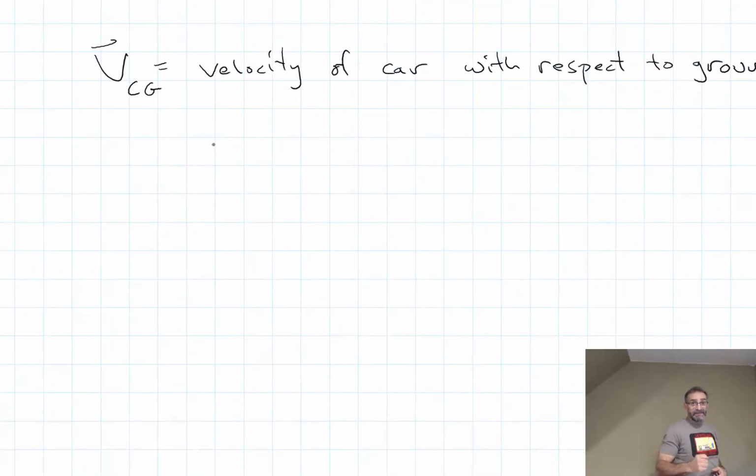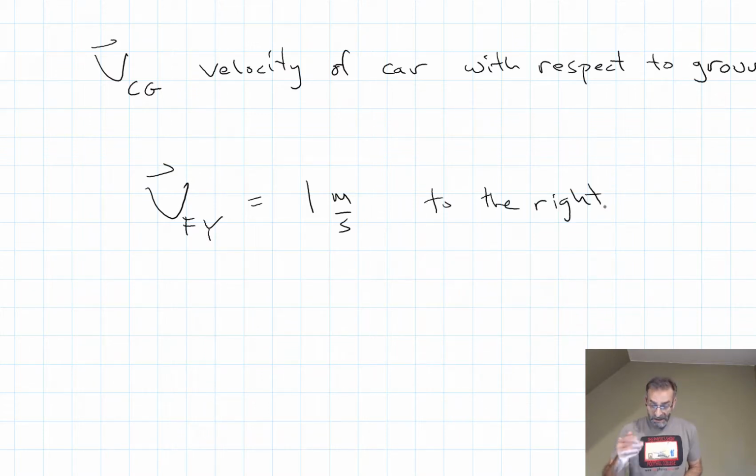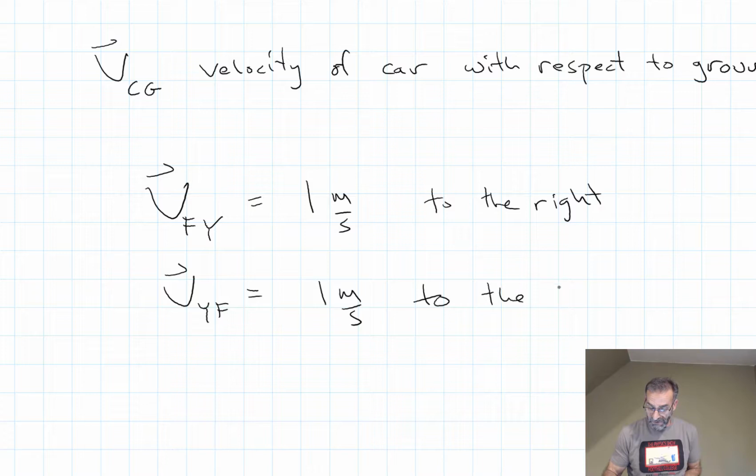As I move this way across the classroom, I think you're moving to the left at 1 meter per second. So you would say the velocity of Frank with respect to you is 1 meter per second. I would say the velocity of you with respect to Frank is 1 meter per second to the left.